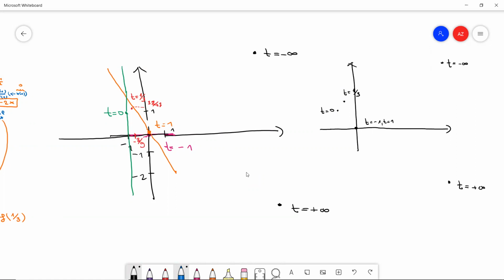Now we already know that the point 0, 0 is a self-intersection. On the other hand, all those 3 points are local extrema. So t is 0 is a local extremum in the x direction, while t is 1/3, t is -1 and t is 1 are vertical extrema. So knowing this, the only way for our curve to go through those points is to be of this shape.